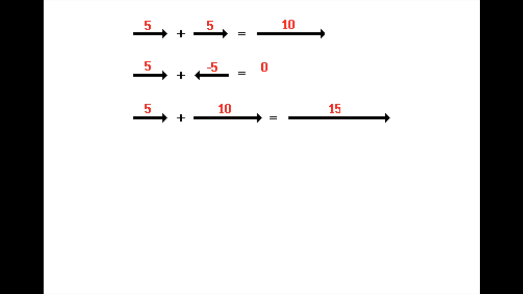So let's try this again. If we have 5 newtons of force to the right and 10 newtons of force to the right, we get 15 newtons. So it starts speeding up with more energy being added to it. What about 5 newtons to the right and 10 to the left? Well, 5 minus 10 is negative 5. The forces are unbalanced, and we say that the object is moving with 5 newtons of force to the left, or to the west if we're using a compass coordinate.